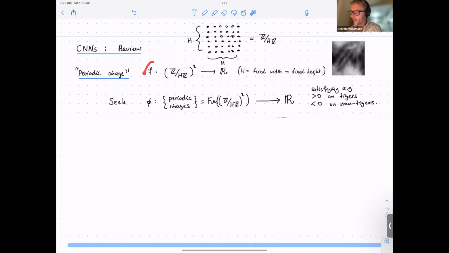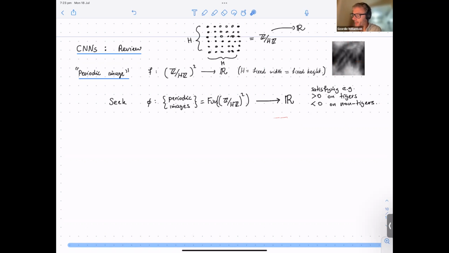What I'm looking at is a function from (Z mod HZ)^2, from this grid, to the real numbers. That means I associate to every point here a real number, which I can interpret as a grayscale value. Here's an example of what a periodic image might look like. I call this a periodic image rather than an image because it wraps around. It's more like an image on a torus.